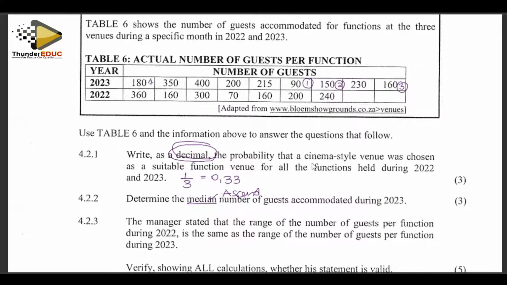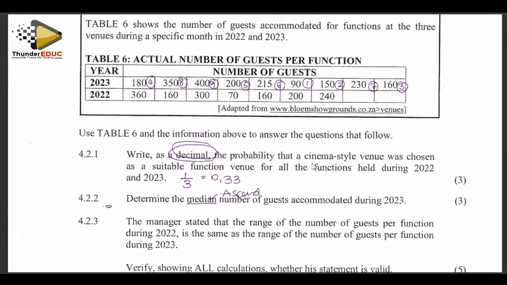We have 4, followed by 5. We have 6. We have 7. Eventually, we have 8 and 9. So there are 9 values. So let's arrange them again here as we answer.